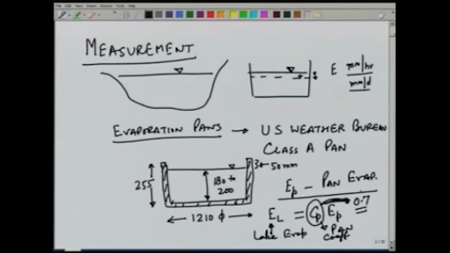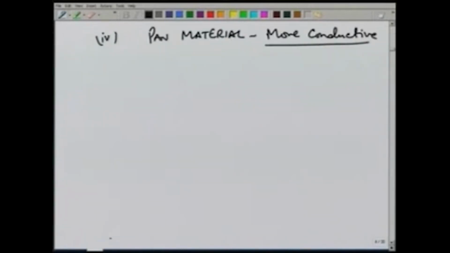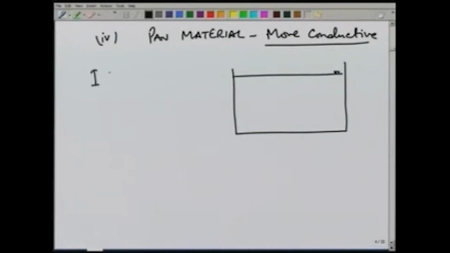In India, there is a modification in this US Weather Bureau class A pan. It has been slightly modified and we use a pan which is known as the Indian Standard pan or modified class A pan.